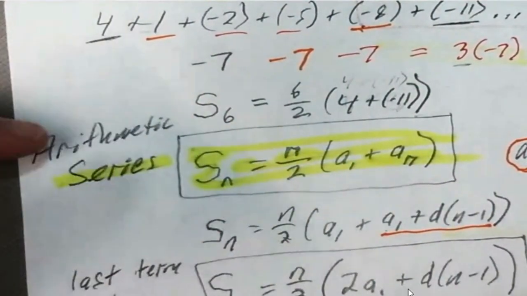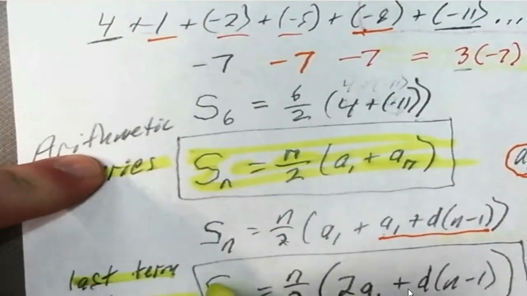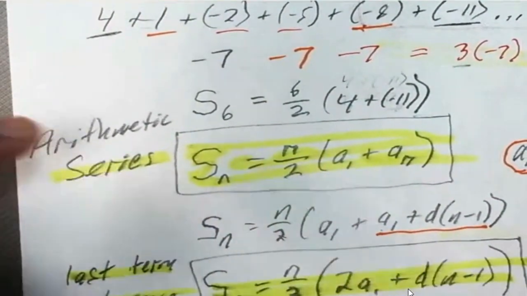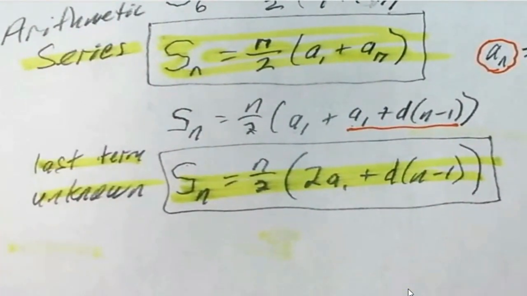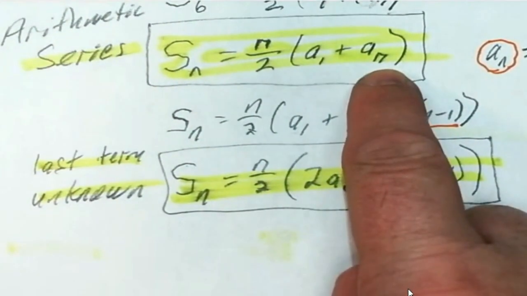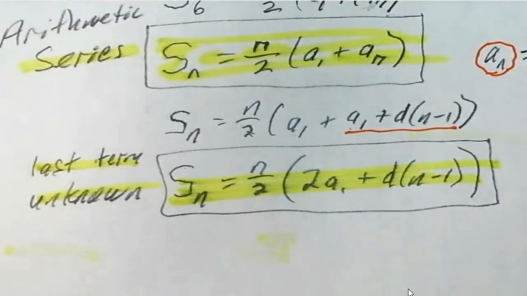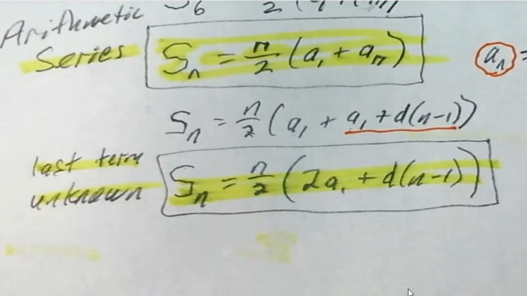So if the last term is unknown, this formula will get it for us. So that's the two. If we know the last term, we can use this one. If we don't know the last term, we can use that one. So either way, we'll be able to solve our series problem based on one situation or the other.